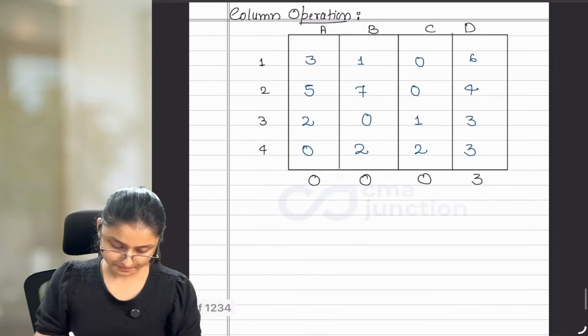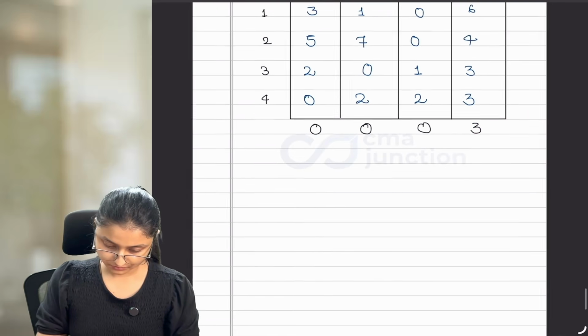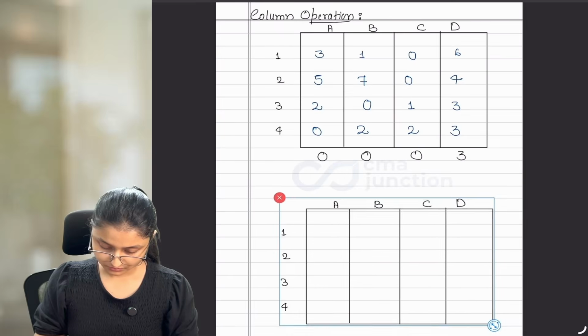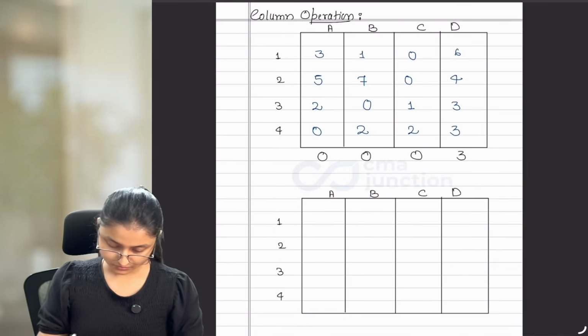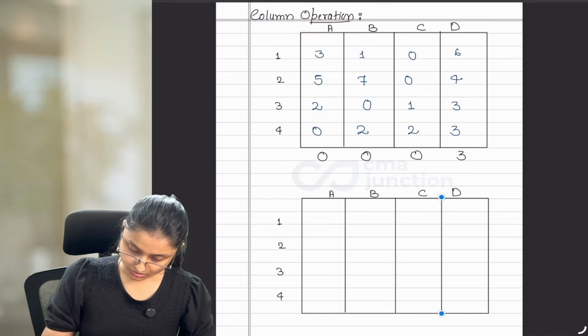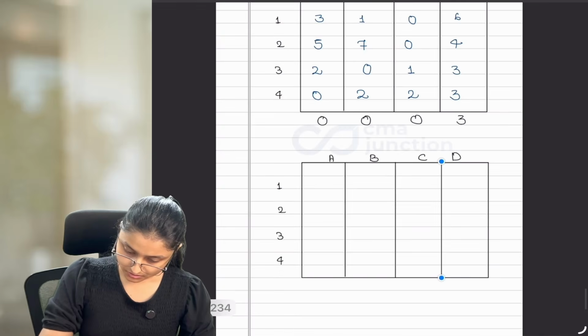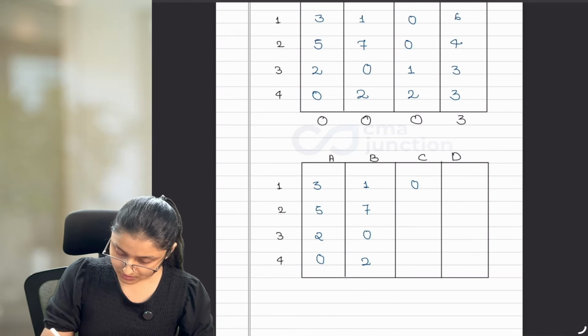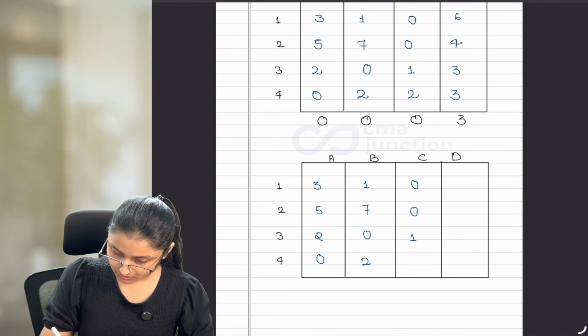Okay? Now, the new table will be 3, 5, 2, 0, 1, 7, 0, 2, 0, 0, 1, 2.